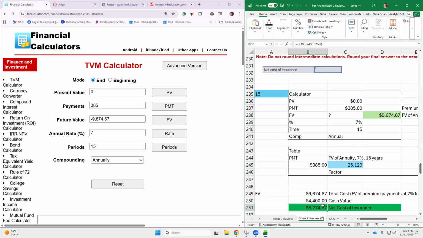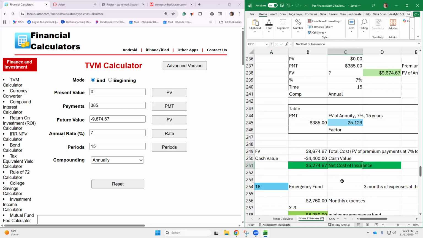We're going to subtract the cash value from the future value. If we would have socked away that premium every year, the net cost of the insurance is the difference. So once again, the future value goes on the top, and then you simply enter the cash value from the problem and subtract it.